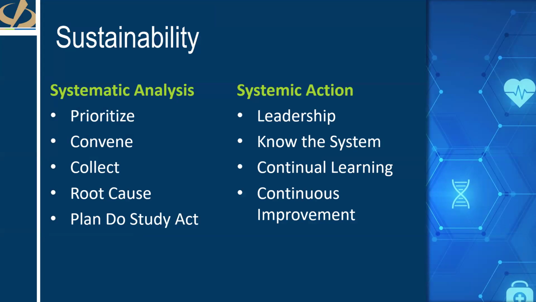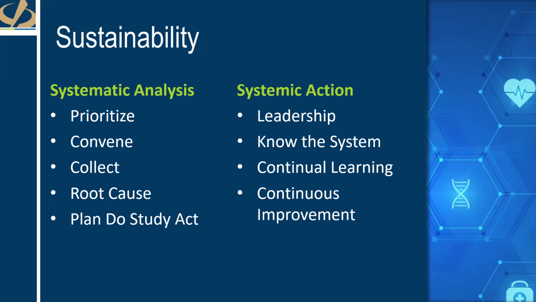Systematic analysis involves using structured methods to identify and understand problems. You'll want to prioritize the most impactful issues. You'll want to bring the right team members to the table and collect data to guide decisions. Again, using tools like root cause analysis to dig deeper into problems that you uncover will promote the idea of lasting change.